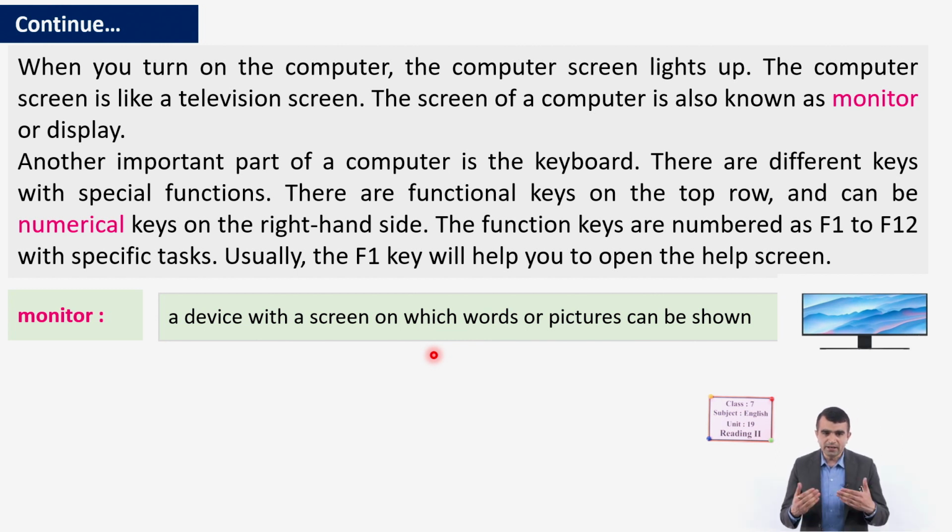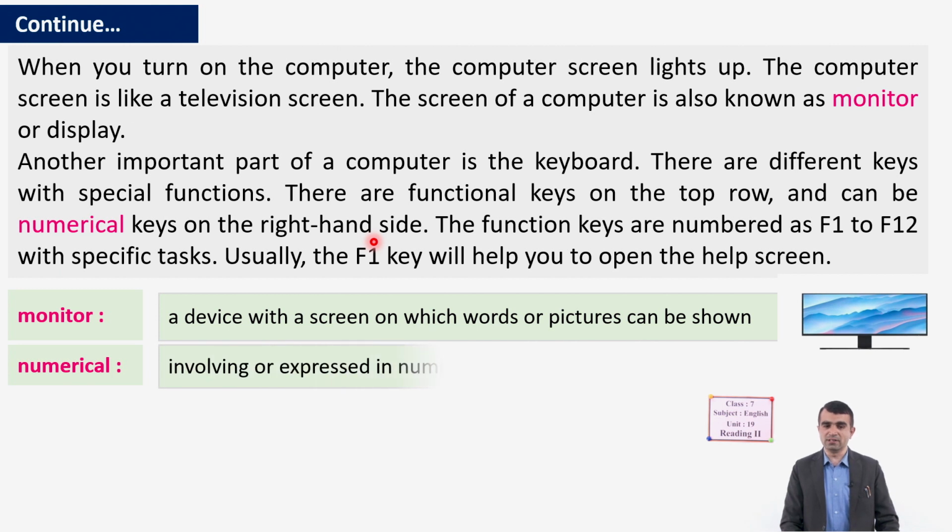Well, another important part of a computer is the keyboard. There are different keys with special functions. There are functional keys on the top row and there can be numerical keys on the right hand side. Numerical means, what does numerical mean? Yes, involving numbers or expressed in numbers.